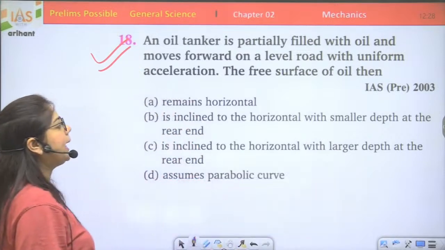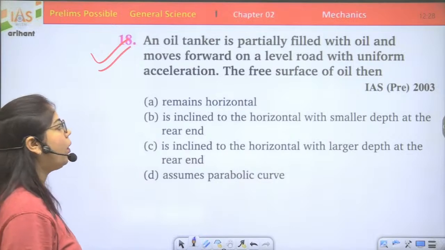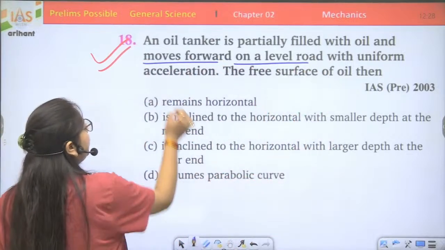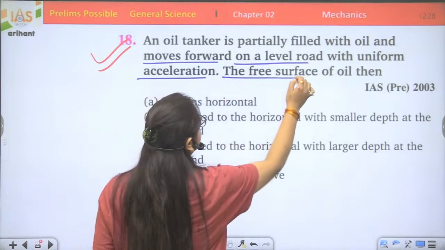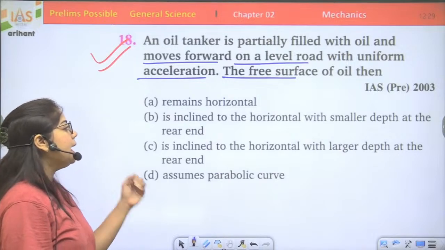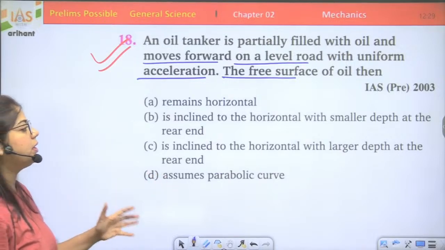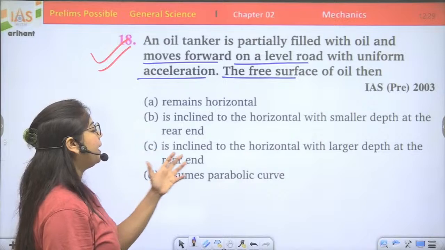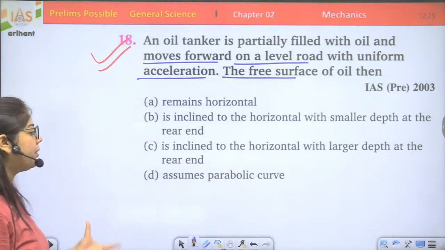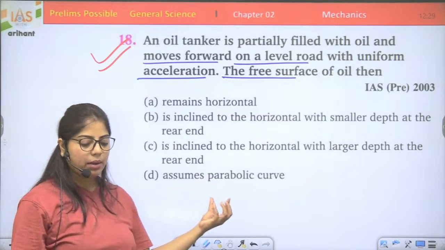An oil tanker is partially filled with oil and moves forward on a level road with uniform acceleration. The free surface of oil then remains horizontal, is inclined to the horizontal with smaller depth at the rear end, is inclined to the horizontal with larger depth at the rear end, or assumes a parabolic curve.